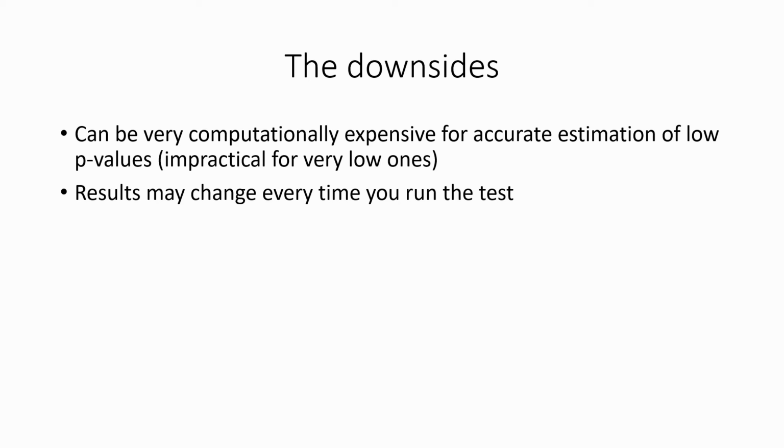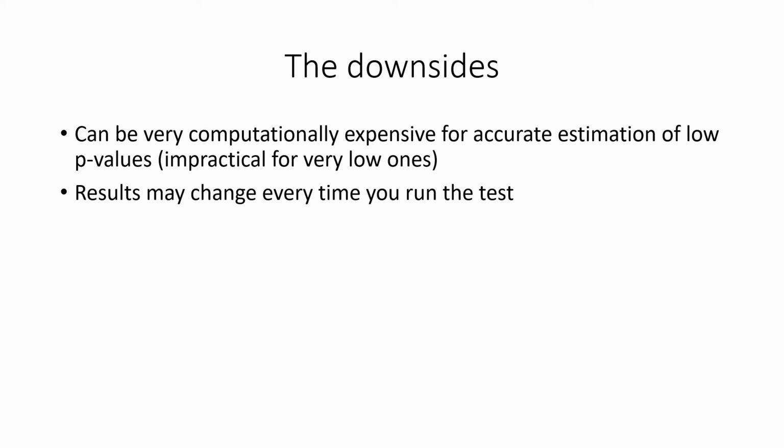So like we said, let's say that the p-value is on the order of 1 in a million, then we can run it a few million times and we should get some cases in which we get a more extreme result, and then we can make some estimate of the p-value.